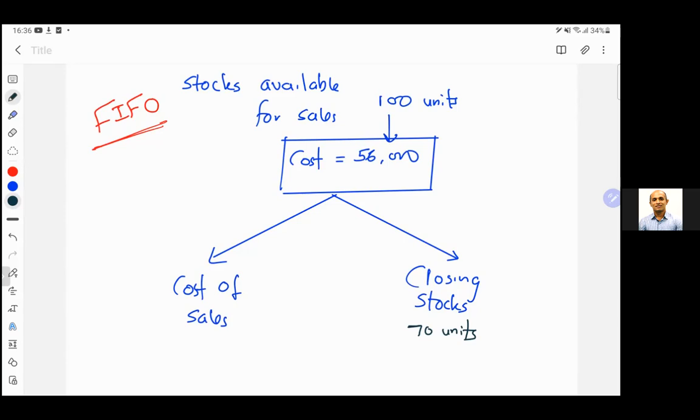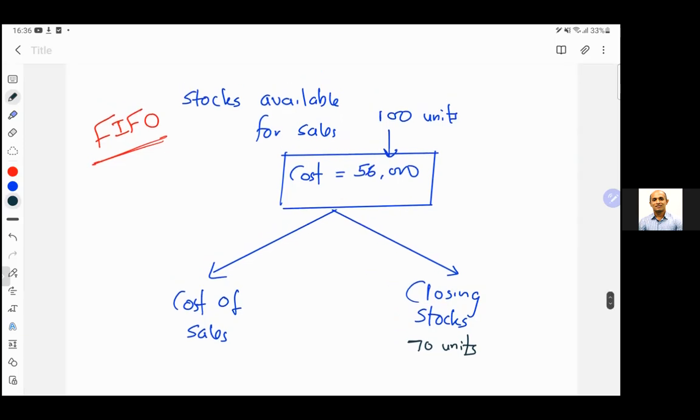You know, under FIFO basis, the recent prices go to closing stock. Stocks are valued at current, recent prices. Now let's see how this 56,000 is made up.